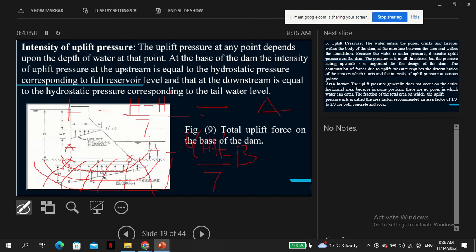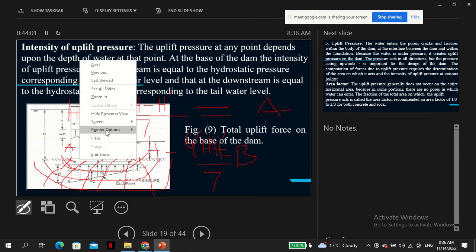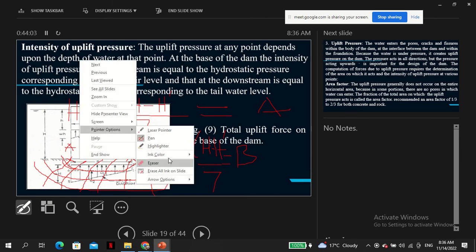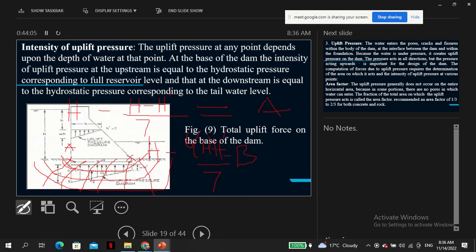Then you draw the pressure diagram. The height at this point is that, and the height at this point is that. Of course there is a linear pressure variation, and then you find the area of this pressure diagram.